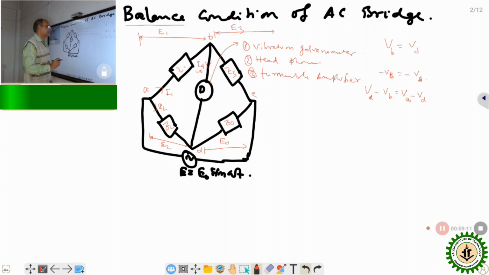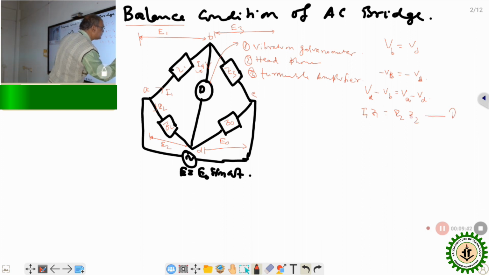So we can say that, mathematically, the potential across this arm equals that across this arm. Now the current flowing through this arm is I1 and the impedance is Z1. That means the potential drop, we can say I1 Z1 equal to I2 Z2. This is equation 1.